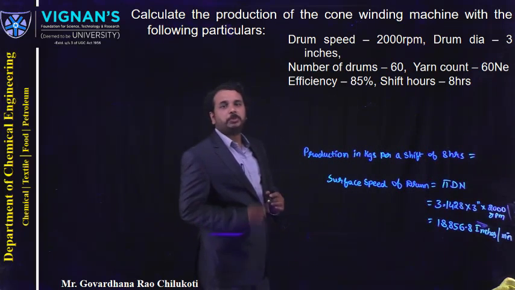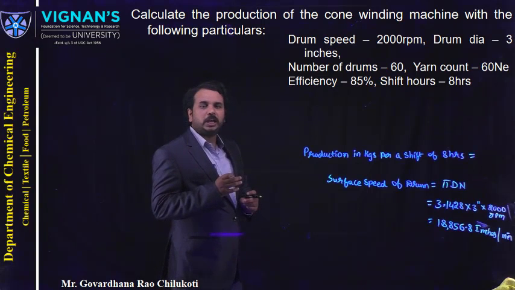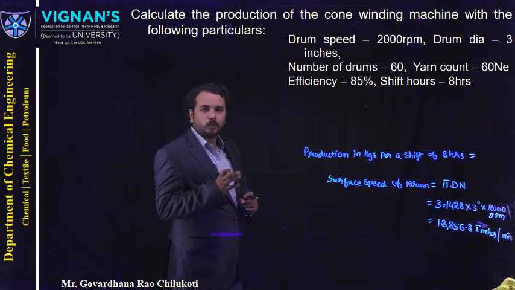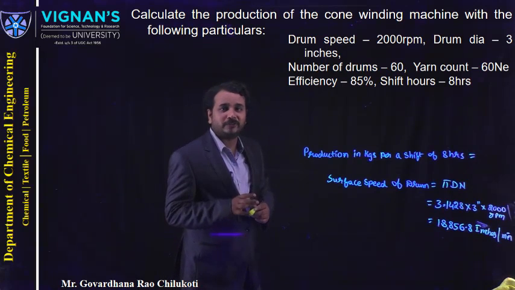The drum is running 18,856.8 inches per 1 minute. This is how we can calculate the surface speed of the drum.